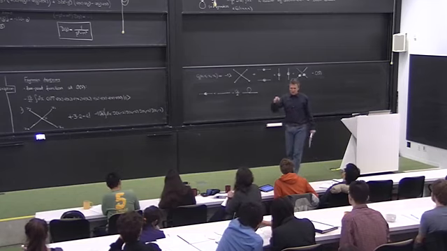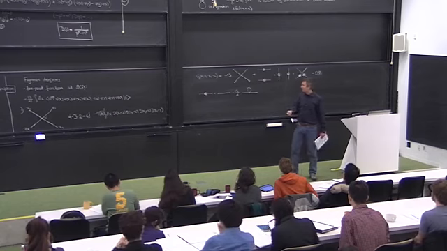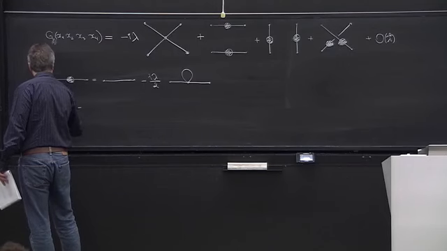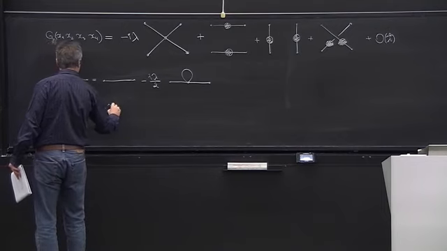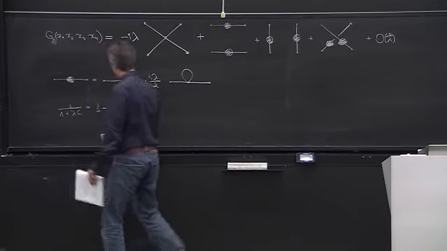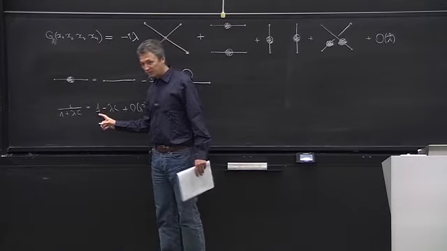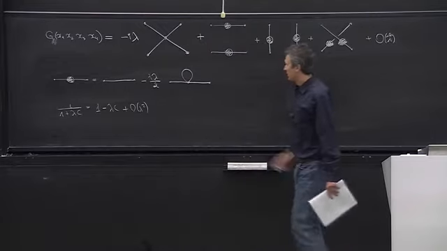Because it stands in the denominator, when you write something like that, lambda times c, this is equal to 1 minus lambda c plus something of order lambda squared. So because of this minus sign, it will compensate for this diagram.